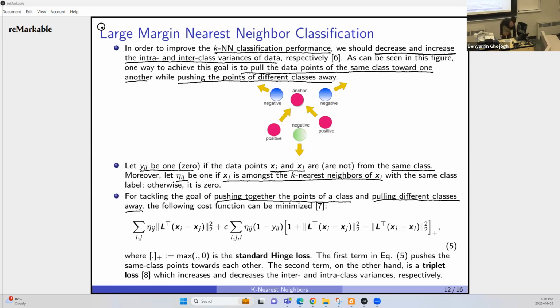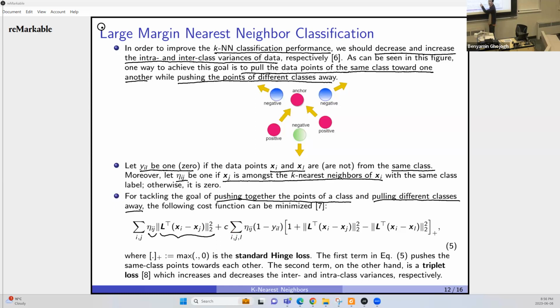Again, optimization. What do we do? Take a look at it. What is this? This is the generalized Mahalanobis distance which we talked about in the previous slide. Eta ij, I have it here, plus some constant, and then a sum over i, j, and l.